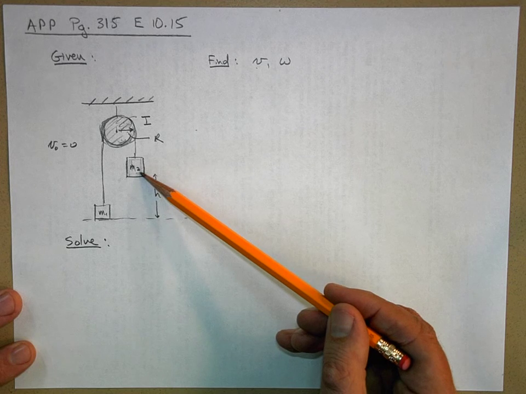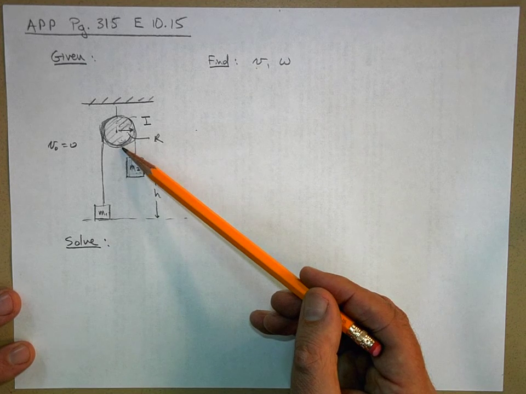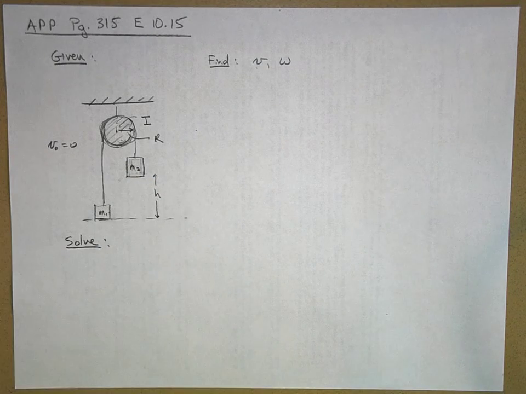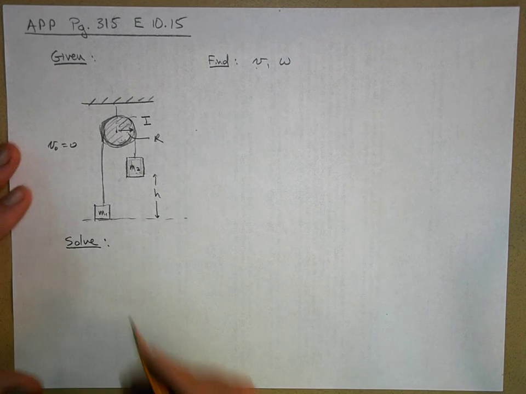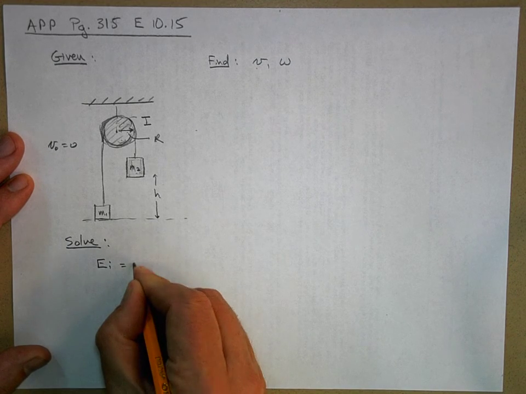Gravity is giving this velocity and this angular velocity. So there's no mechanical energy dispersed into the environment. We're not adding mechanical energy to it by any non-conservative force. So what we can start with is that E initial equals E final.